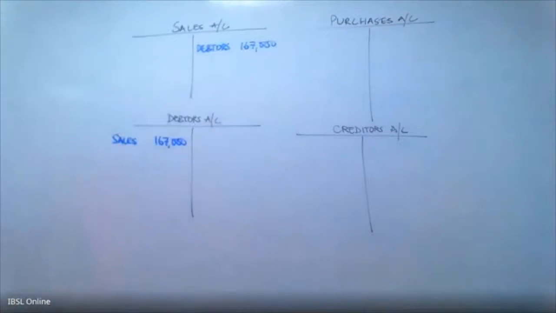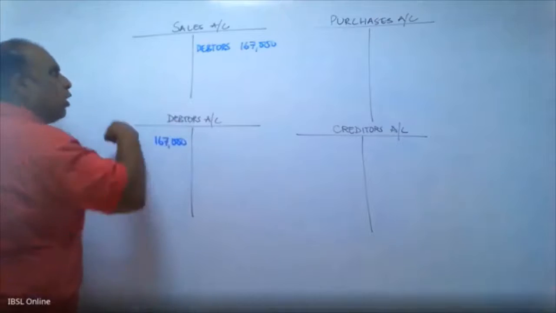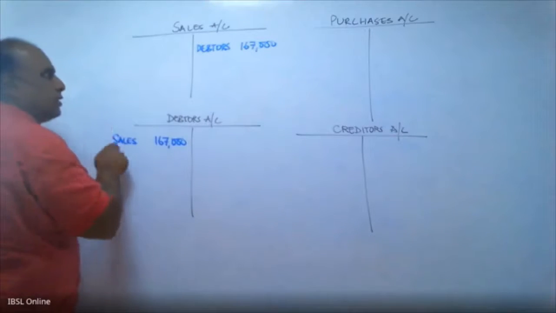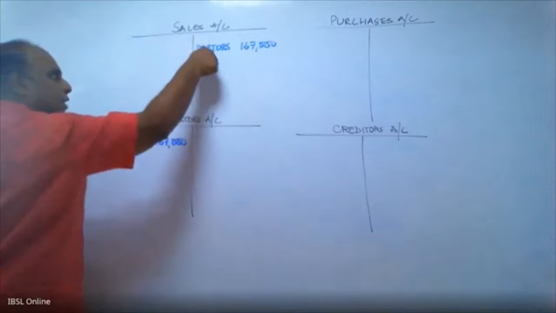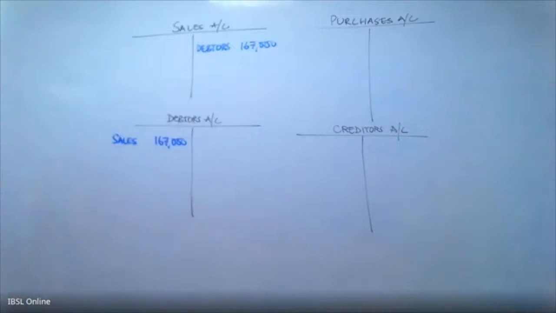Okay. So how do I record this transaction? To the debtors account, I will put the opposite, sales. In the sales account, I will put the opposite, that is the debtors. So I have recorded that.